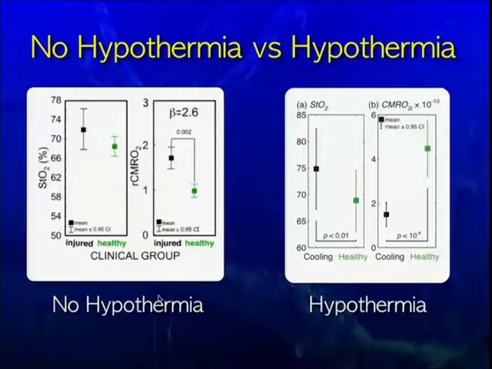Looking at cases without hypothermia, as Dan showed, we found that oxygen consumption was up in those kids. So it suggested that the high blood flow we see is not lack of autoregulation, it's increased end organ demand. So we're having excitotoxic cascades play out with increased neuronal activity. When we cooled them, the oxygen consumption went down.